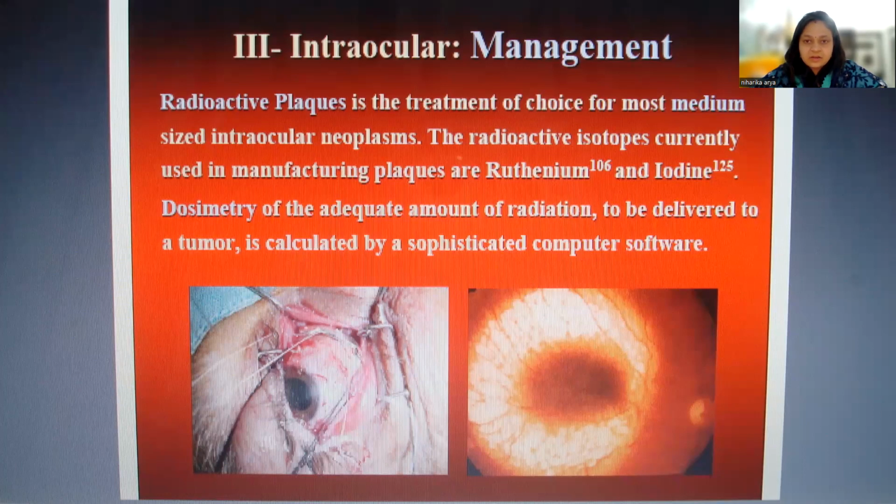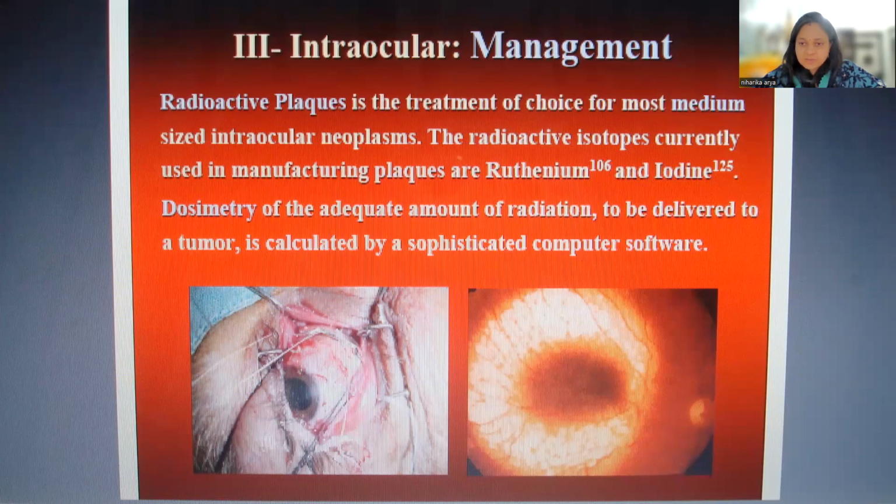Then comes the management with the radioactive plaque, which I told you is made up of iodine and ruthenium, that is iodine 125 and ruthenium 106. The radioactive plaque is the treatment of choice for most medium-sized intraocular neoplasms.